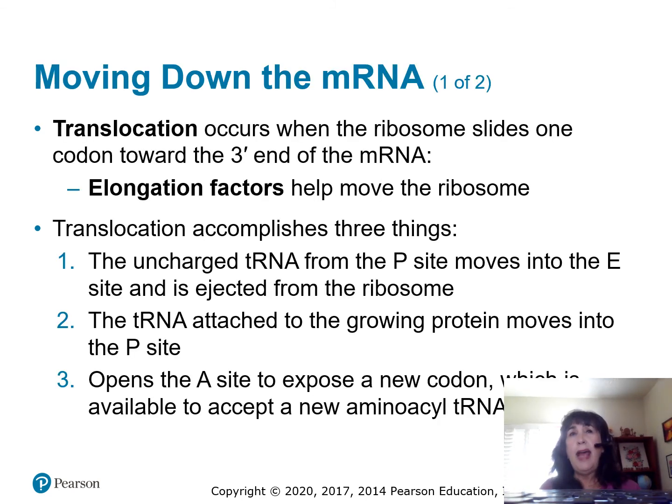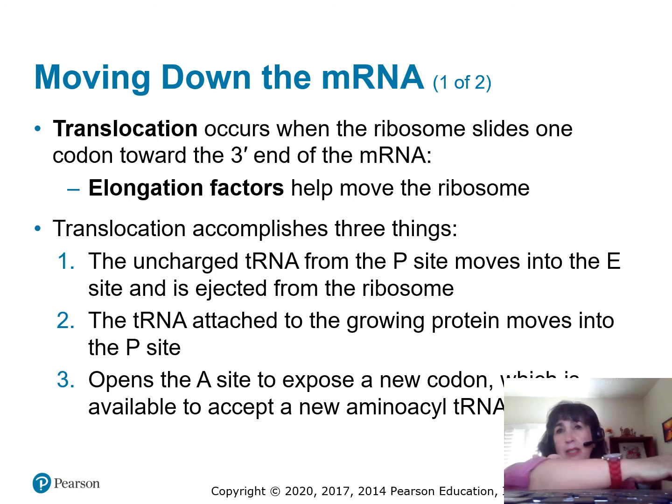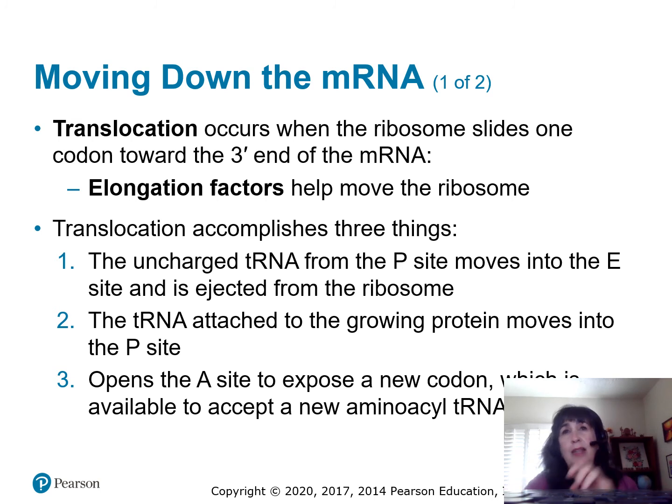And so as it moves along messenger RNA, here are the 3 sites, A, P, and E. It's moving over one site at a time. When I say site, I'm talking about the A, P, and E sites.